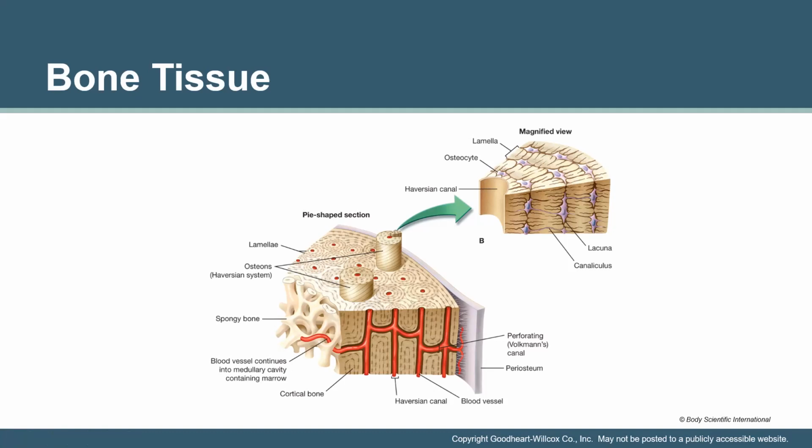That Haversian canal, again, houses the blood supply. Now we have little connecting canals called Volkmann's canals, or perforating canals, that will connect each osteon. And you can see that way better in this other picture here. So here's our osteon. In the center is the Haversian canal, which is housing blood supply. And then linking multiple osteons, we have that perforating or Volkmann's canal.